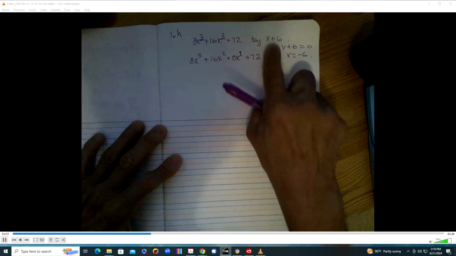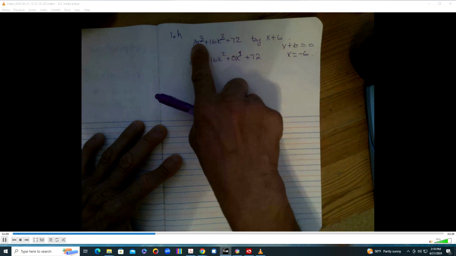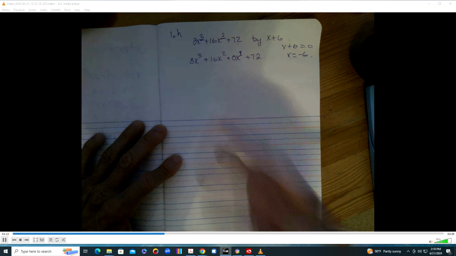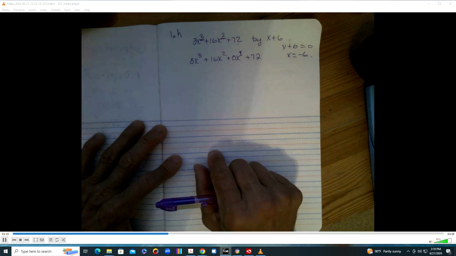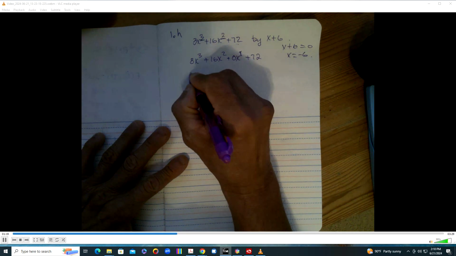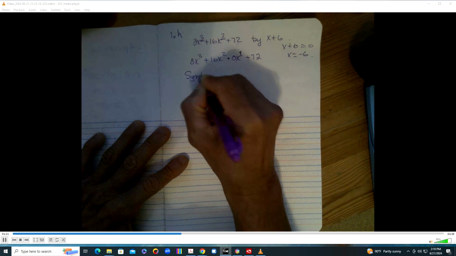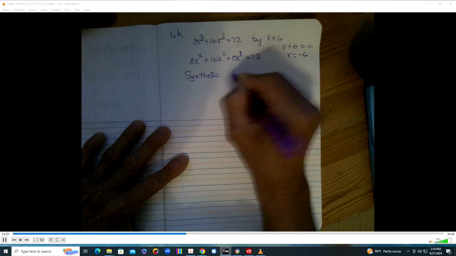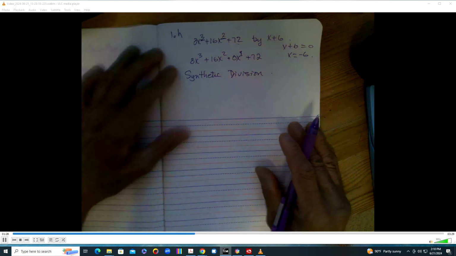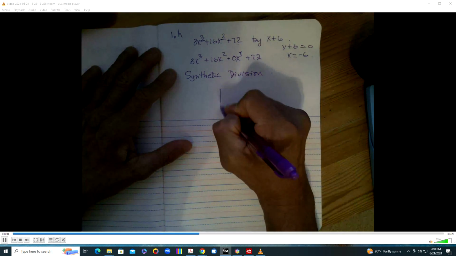If we want to find out if x plus 6 is a factor of this function, there are three methods that we can do. The first method, back on the TQ, is called synthetic division. In this method, we draw a box.